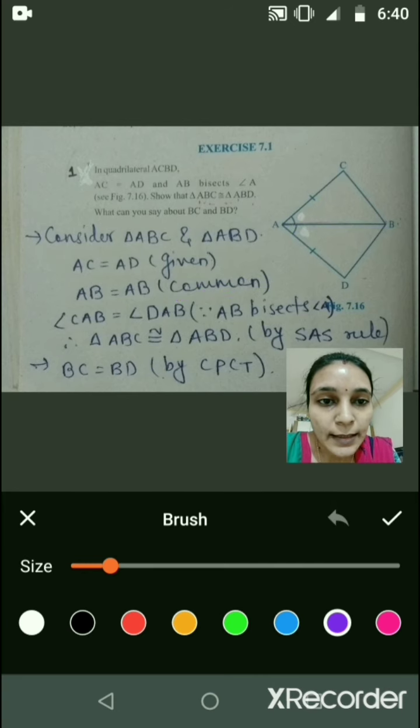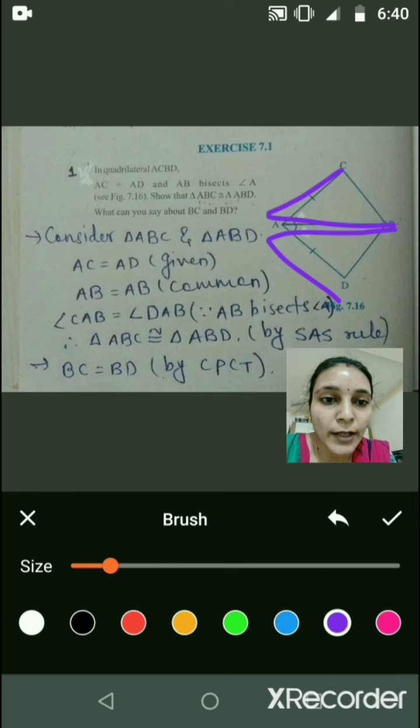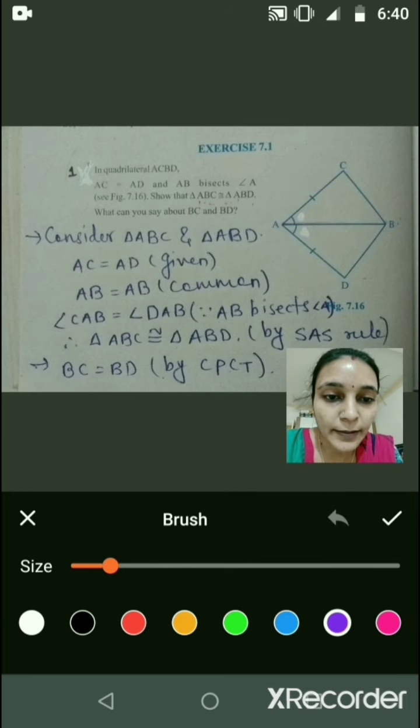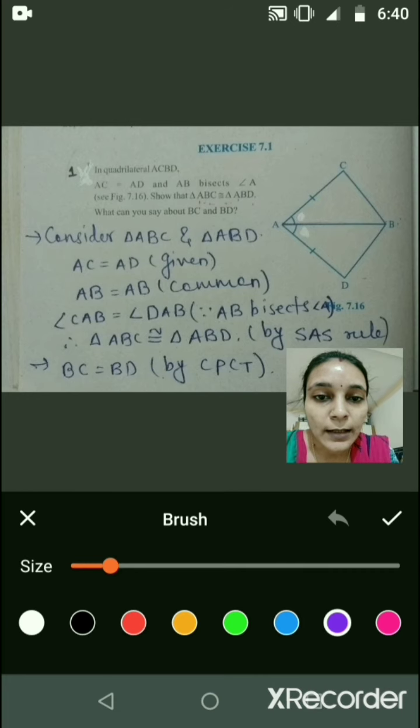Next, angle CAB is equal to angle DAB. Earlier I told you, because AB bisects angle A, the bisector will divide the angle into equal parts, so these two angles are equal. So we can say triangle ABC is congruent to triangle ABD by the SAS rule, side, angle and side.